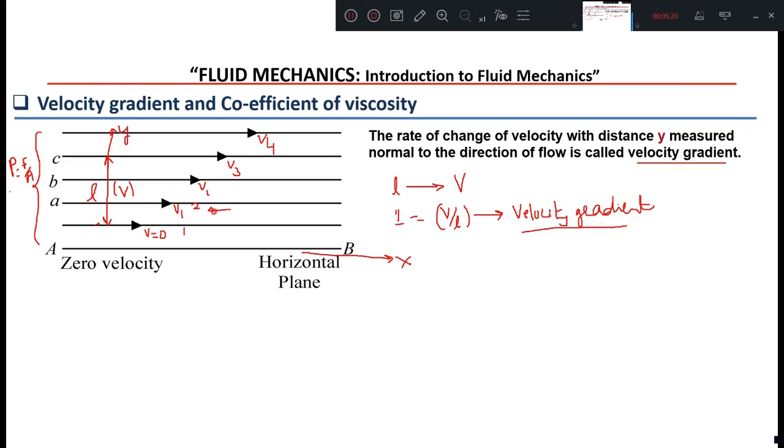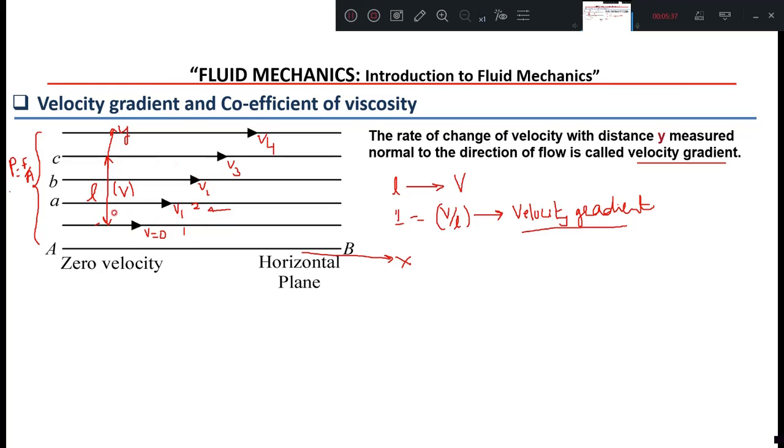This is called viscous drag, and its direction is always tangential to the layer. Thus the property of a fluid to develop this drag is called viscosity.